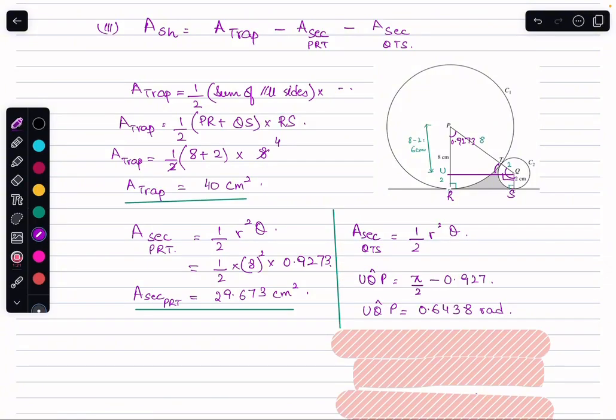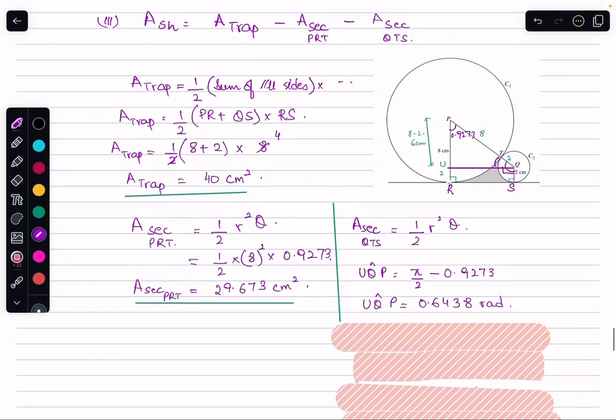In the same manner, we shall find the area of the sector QTS. To get the theta value, I need the angle at Q with respect to the two radii QT and QS. I know that UQS is 90 degrees, or pi by 2 radian, and to find UQP, it can be equal to pi by 2 minus 0.9273, which gives me 0.6438 radians.